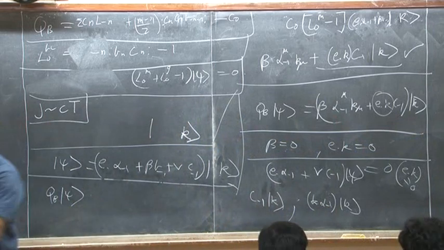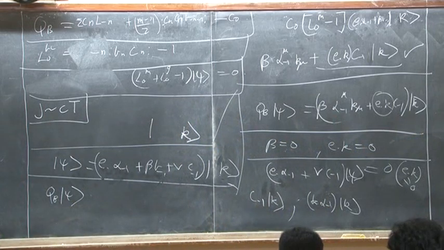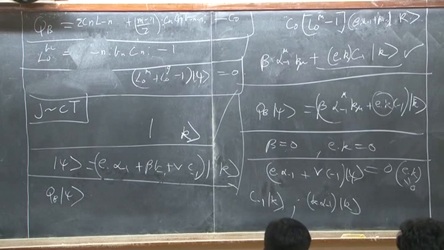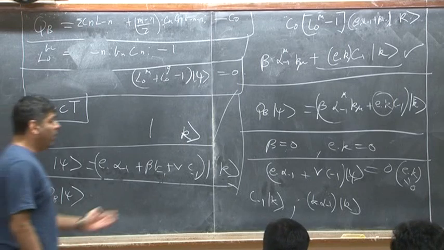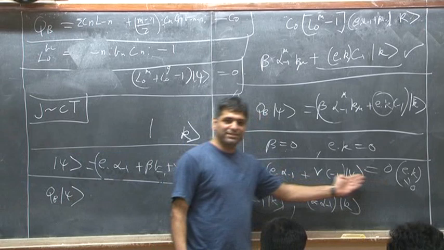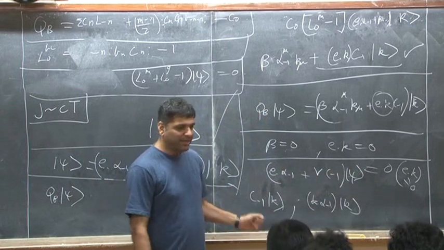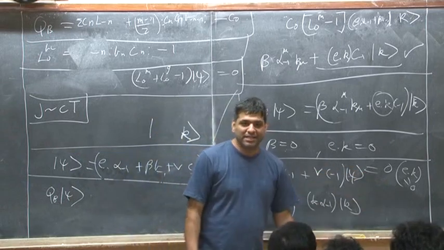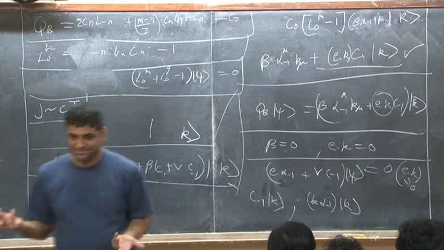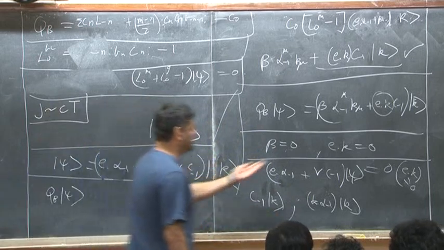The question you're asking is, look, we know a cheap way of producing BRST closed states. Take Q and act on anything that's not BRST closed. Then that is automatically BRST closed, because Q squared is equal to 0. So in this list of BRST closed states, some are non-trivially closed and some are cheaply closed, because they are just Q on something else.